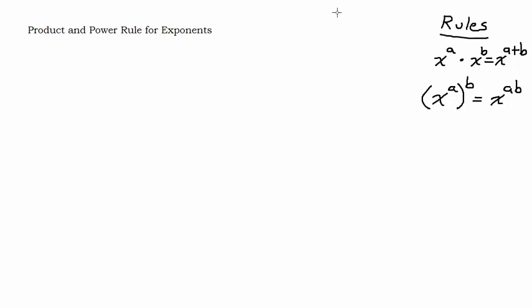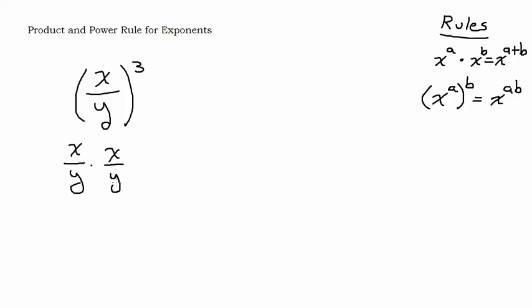Let's say we have a fraction like x over y, and we're going to take that to the 3rd power. This rule is a little more intuitive, I think. If you have x over y to the 3rd power, that means x over y times x over y times x over y.